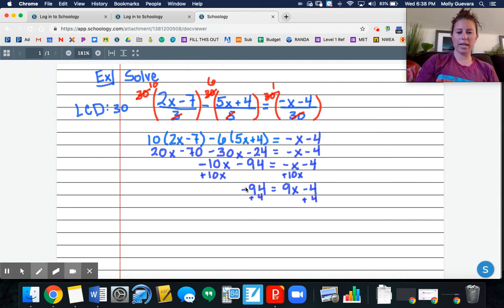Negative 94 plus 4 is negative 90 equals 9x. Divide by 9. X equals negative 10. Woohoo! So again, one solution, and the solution is negative 10.